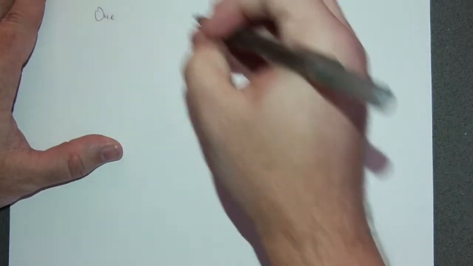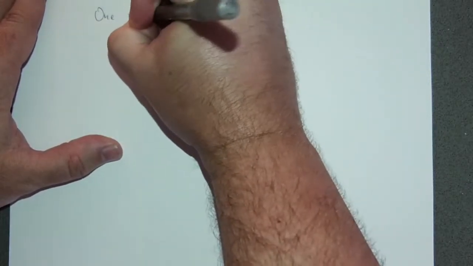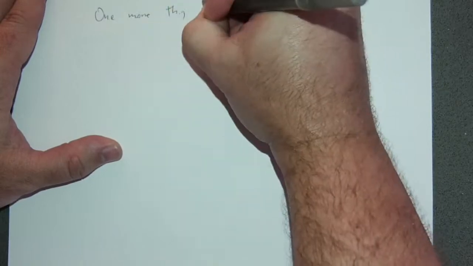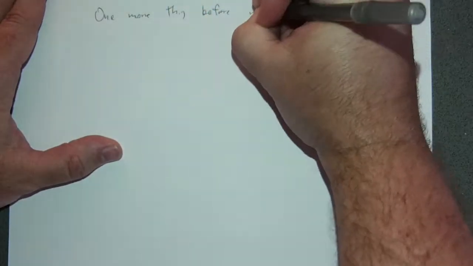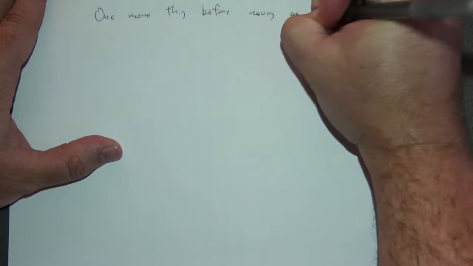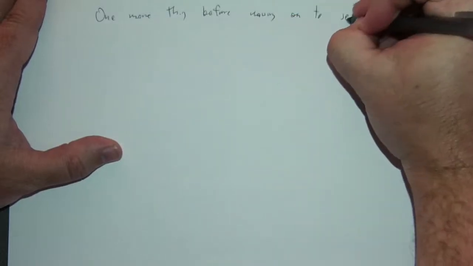And in a weird way, this last equation is going to be, in a strange way, more complicated, even though that doesn't seem like that should be the case. And in some instances, not the case, but, well, we'll get to that. One more thing here so that I stop rambling. One more thing before moving on to separation of variables.